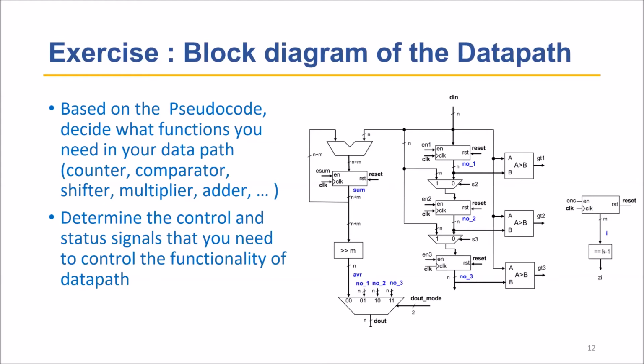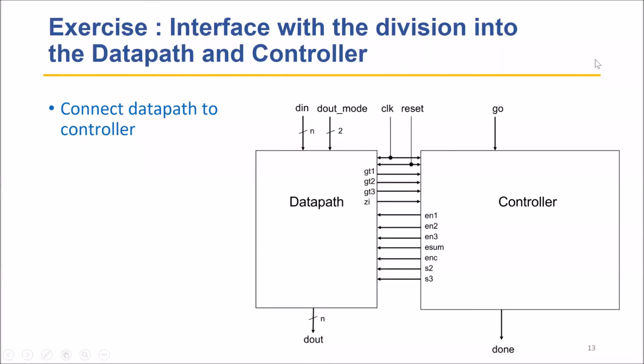Now, we can connect these units together and determine the control and status signals that we need for the controller unit. The top level should look like this. As you can see, we divided the interface into data path and controller.